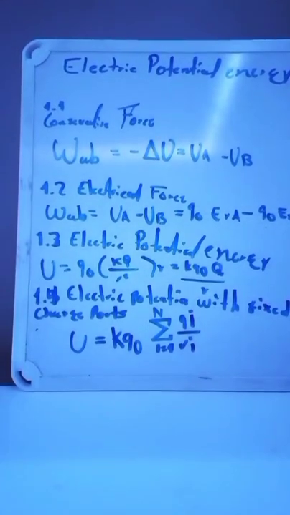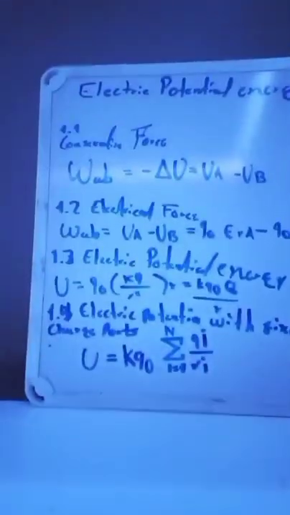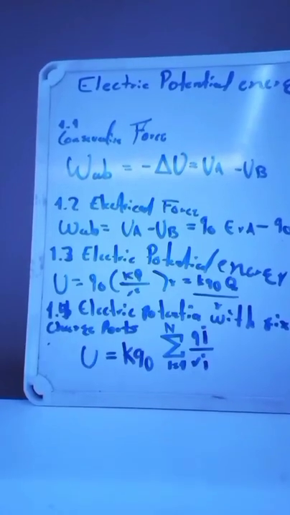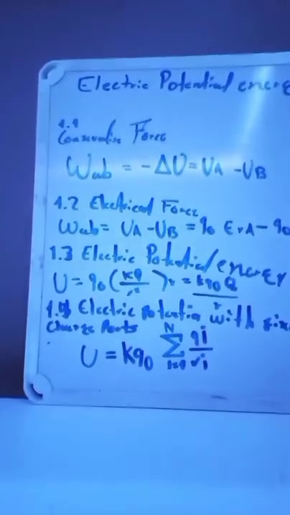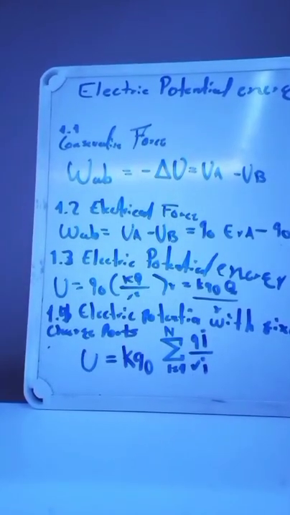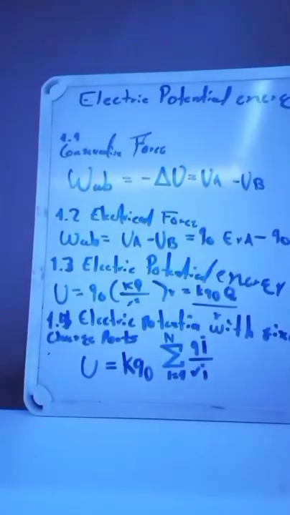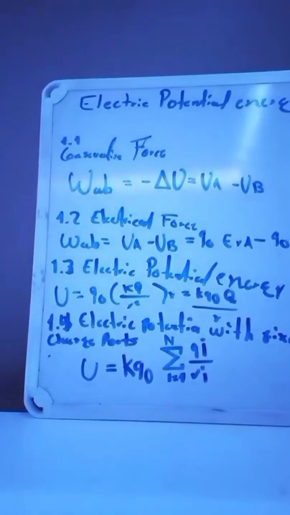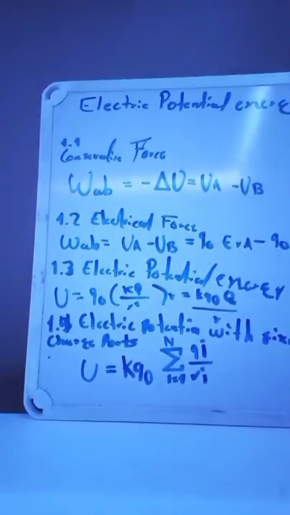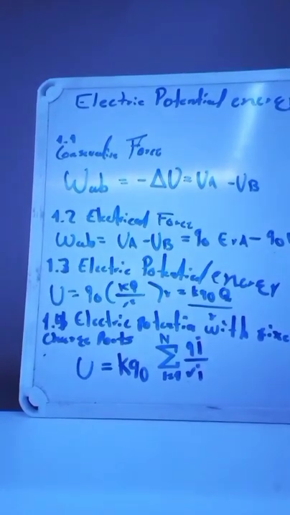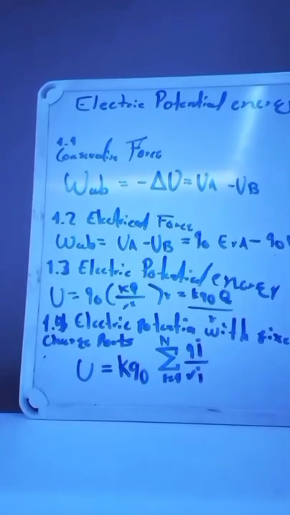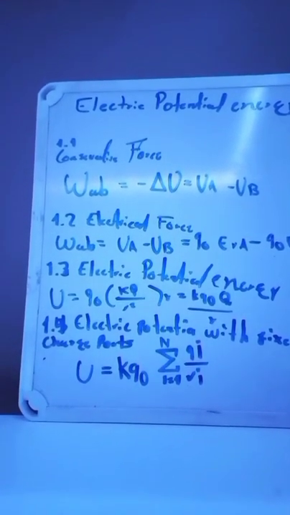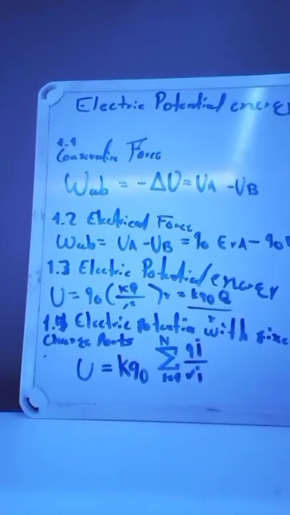point charge. And then we have the collection of point charges. Given a system of any number of point charges, the potential energy associated with a test charge at a point A will depend on the other charges of the system and their distance from point A. The electric potential energy of a system of fixed point charges, according to Resnick, is equal to the work that an external agent must perform to assemble the system, bringing each charge from an infinite distance.